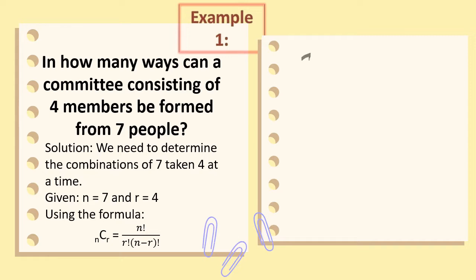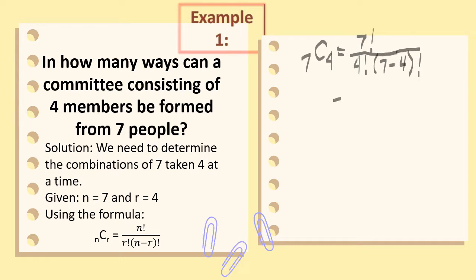So n is equal to 7, combination 4 is equal to 7 factorial divided by 4 factorial times 7 minus 4 factorial.